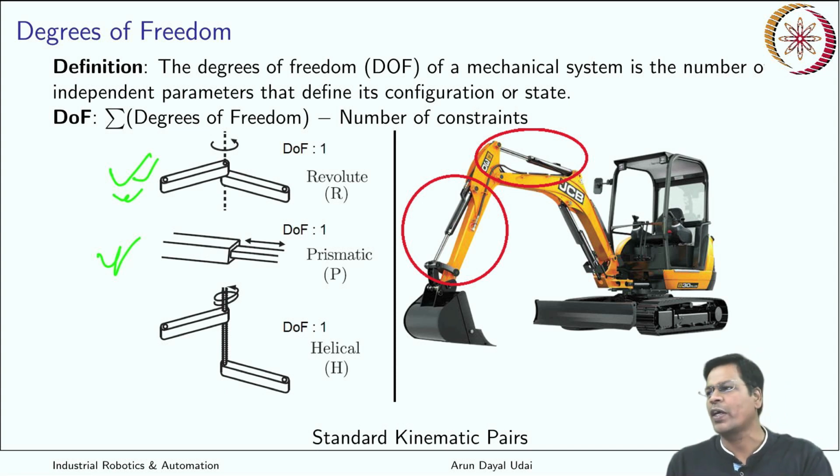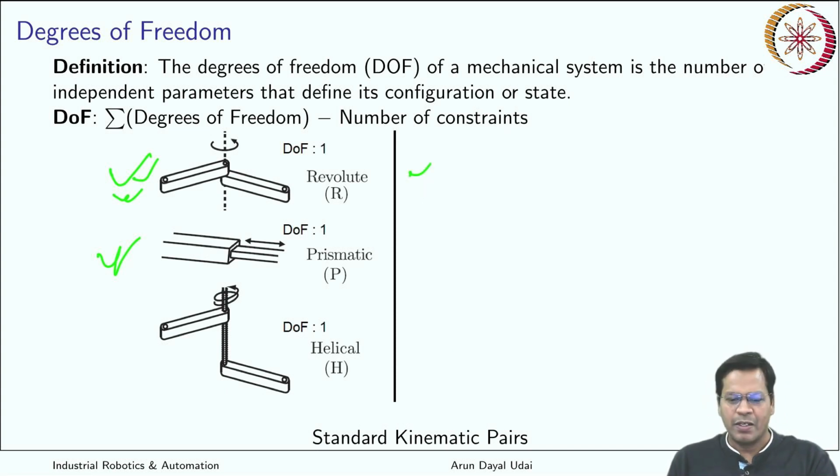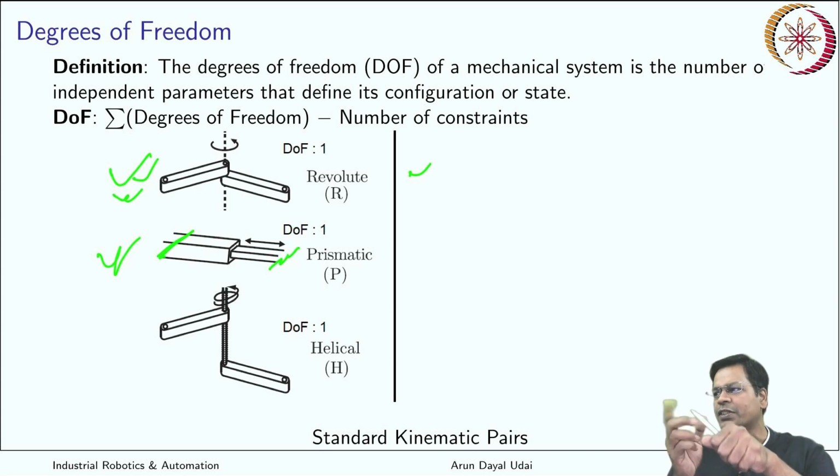So that has got 1 degree of freedom. Again, just by defining the displacement of this link with respect to this link, you have defined this system. So it needs just 1 parameter to completely define this mechanical system. Or alternatively, because it is a piston, one inside the other, it cannot rotate.